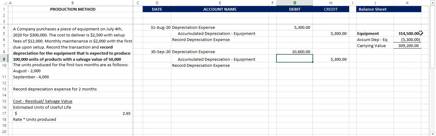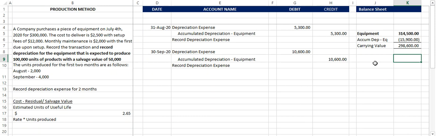And so that means for the month of September, based on the calculation, depreciation expense would be $10,600, as added to our accumulated depreciation. We can add that here as well to show us a new carrying value, which would be $298,600.